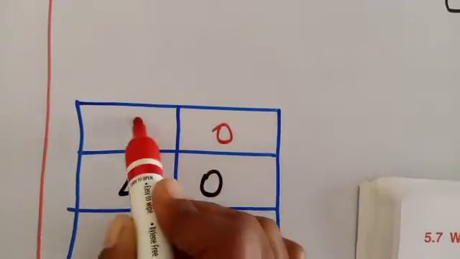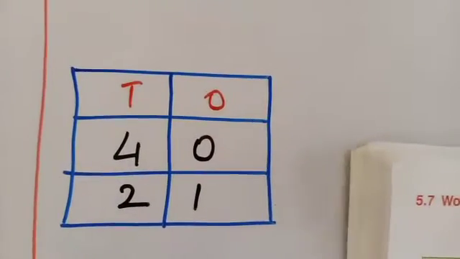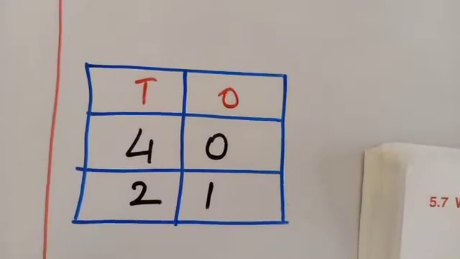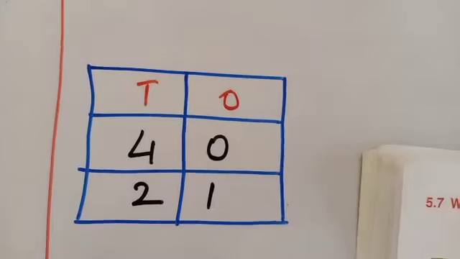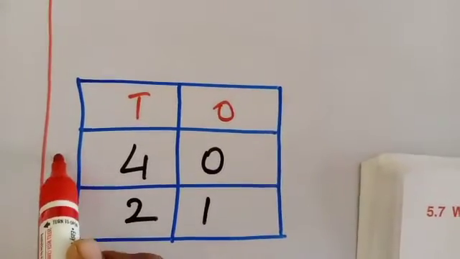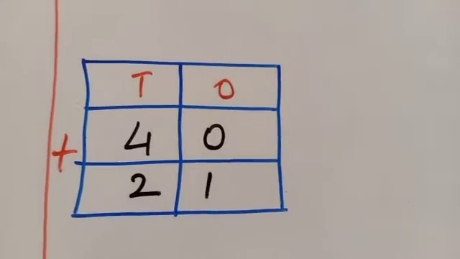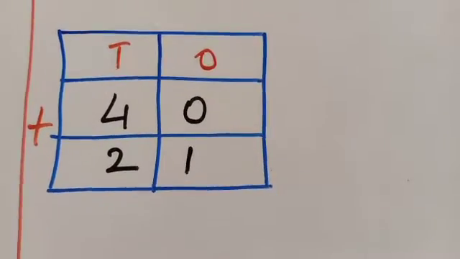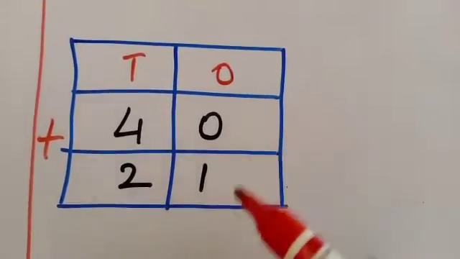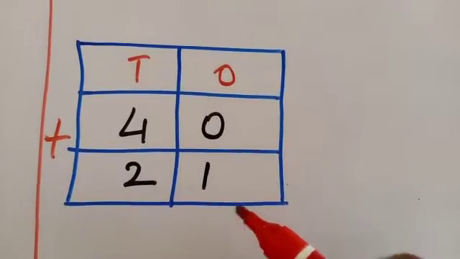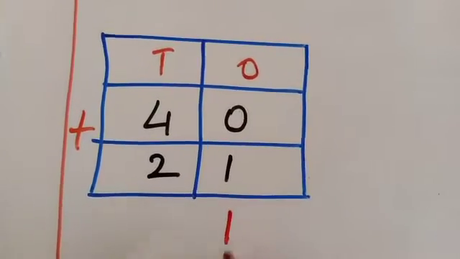Ones and tens place. So the question is, how many birds are there in all? So what we have to do now? We have to add these numbers. Got it? Yes. So 0 plus 1. How much, children? It's 1.